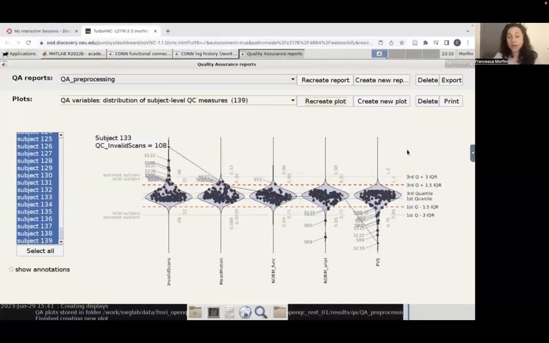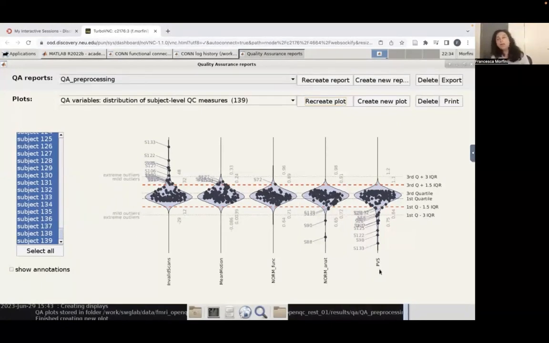Another correlated or related measure is PVS, which stands for proportion of valid scans, which represents the ratio between non-outlier scans to all original scans. And so while related to invalid scans, this measure is slightly different in that it's basically a normalized measure of how much of the remainder of the data is left, taking into account the overall data length.